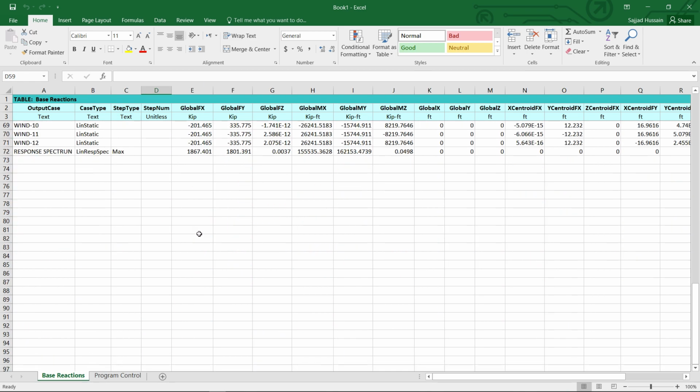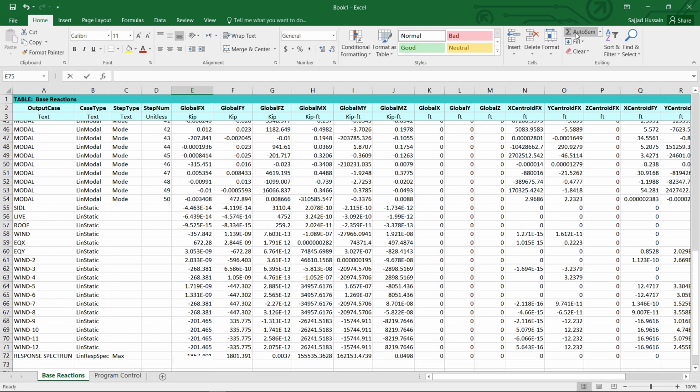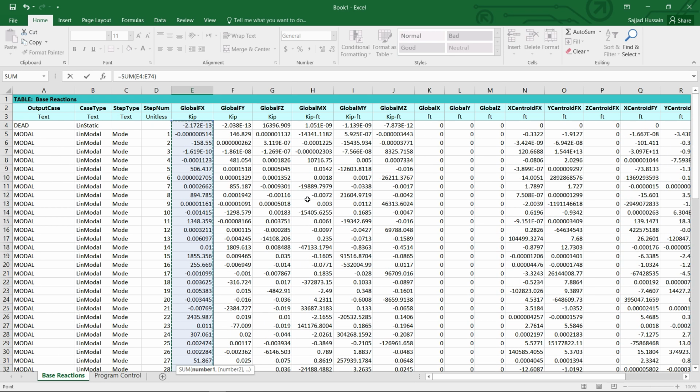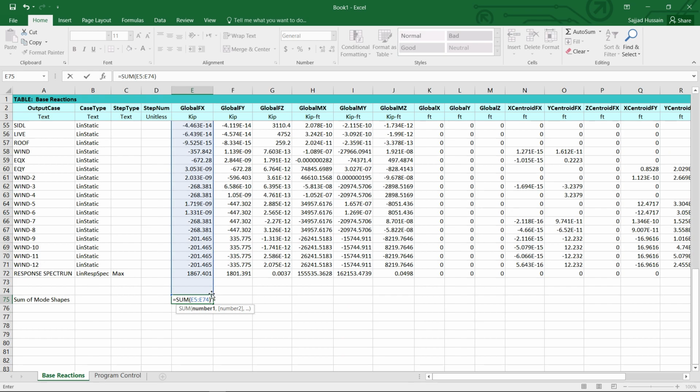So let us do some mathematics over here. We should say sum of mode shapes. Of course, reaction is there. So in this direction, we have to start from here and we have to go.